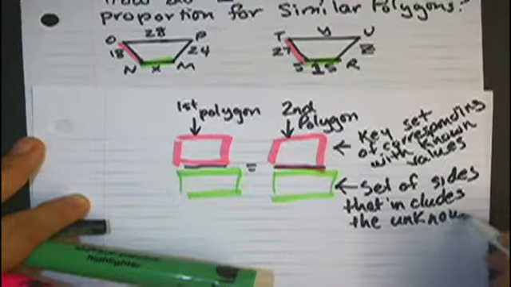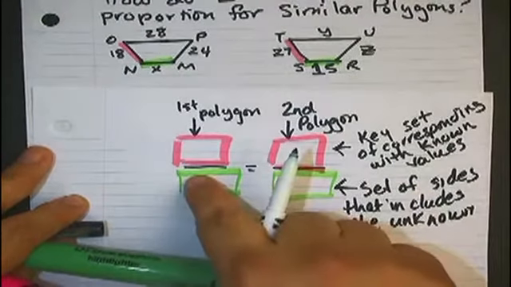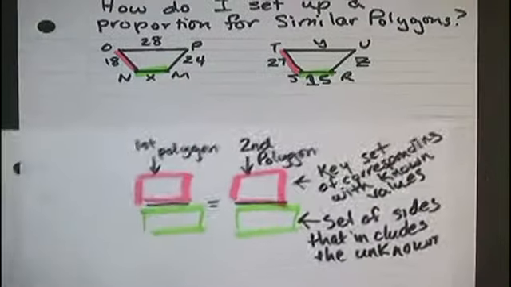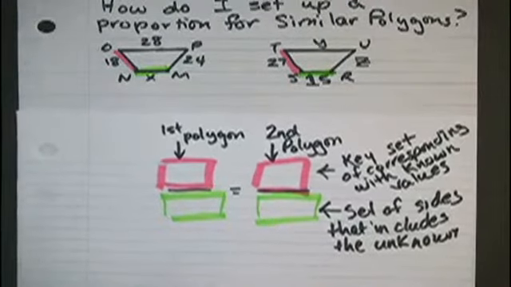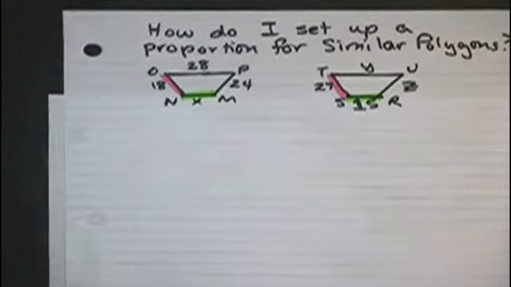So it includes the unknown. The unknown X or Y or Z or whatever you're looking for could be here or could be here. Don't freak out if it's on the bottom, because we are going to be doing some cross multiplying. So that's what the skeleton should look like every time.